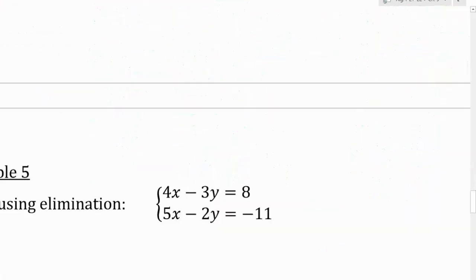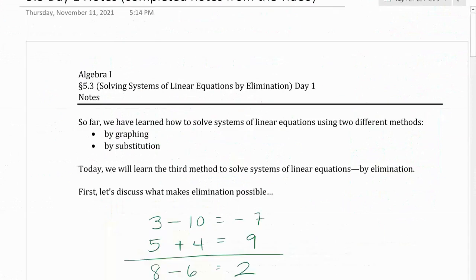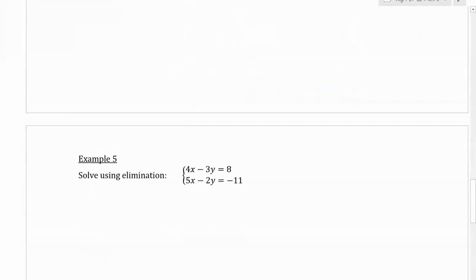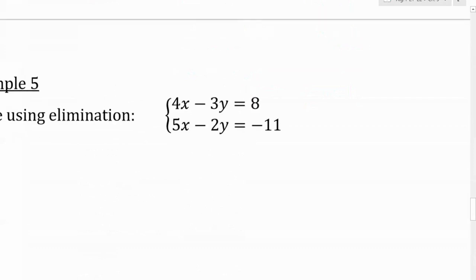Okay. We're down to, oops, how did that happen? 5, 6, got 2 more. All right, this one, 4 and 5, I could turn those to 20s, or 3s and 2s, I could turn those to 6s. I'd rather turn them to 6s. So I'm going to make 6y and 6y, and then I just pick. I want one of them to be positive and one of them to be negative, because when I add them up, I need them to go away.